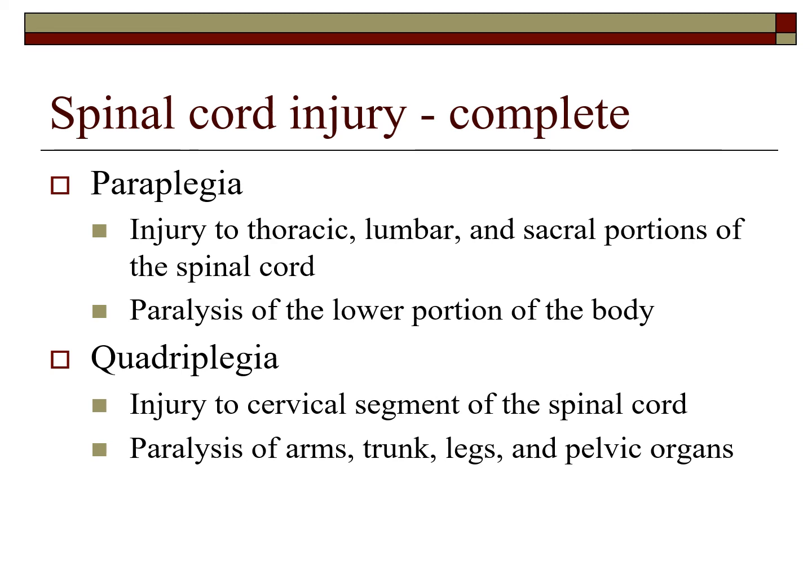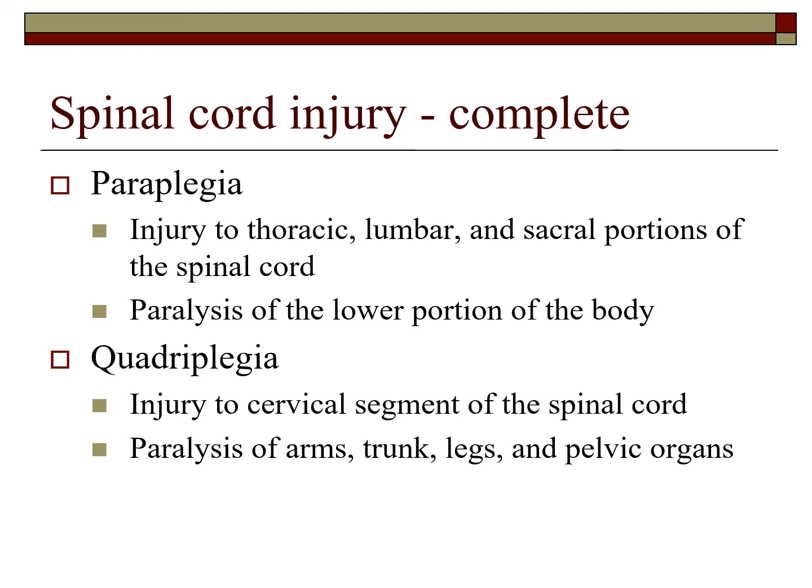Para would be paralysis of the lower portions of the body, so the legs. And then quadriplegia would be more serious. This is a cervical injury, and you could see arms, legs, trunk. That's a complete injury, a higher level injury.